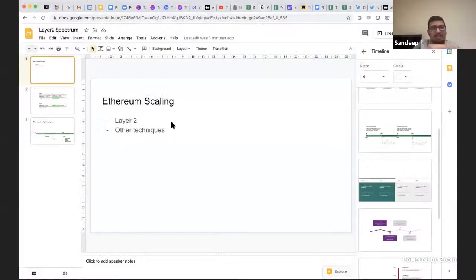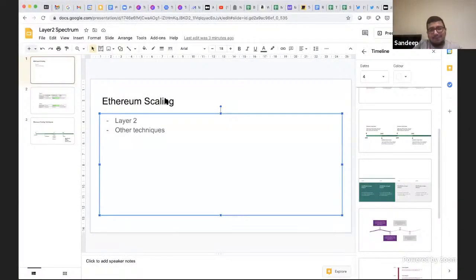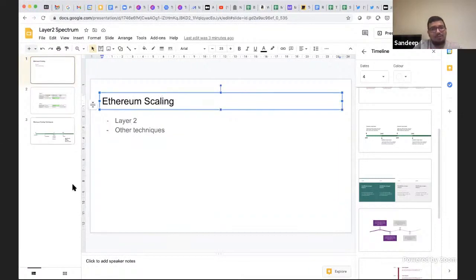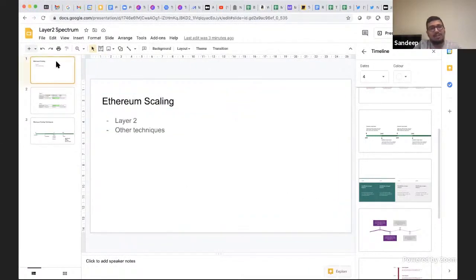At a very simple level, the goal for all of us is Ethereum scaling, right?